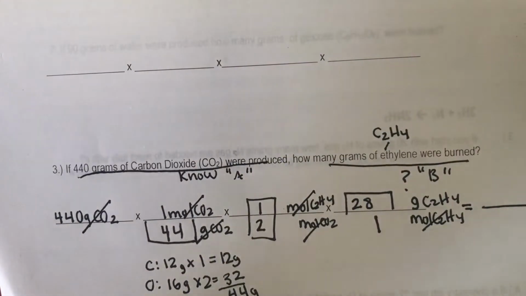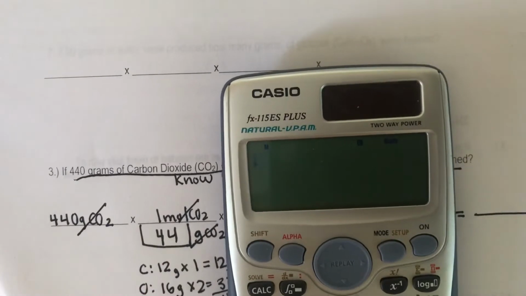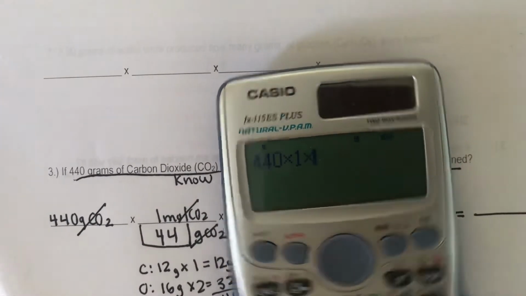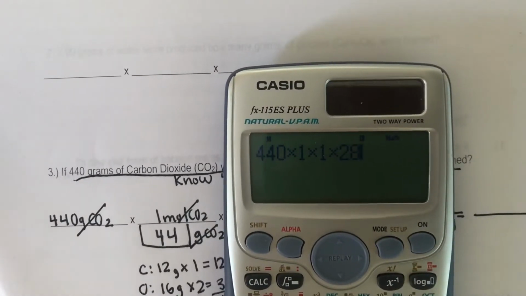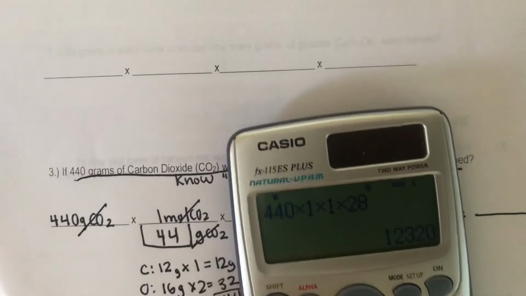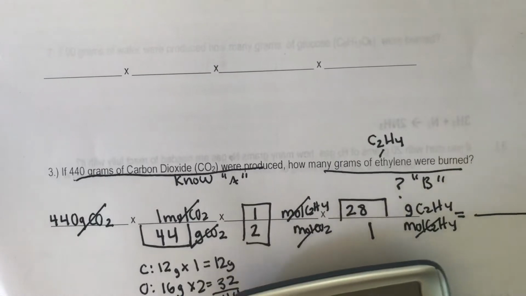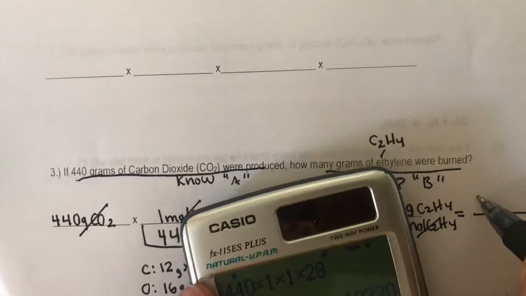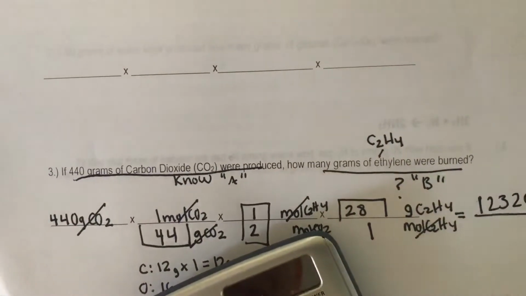So I'm going to put everything on my calculator. Here's my trusty calculator. 440 times 1 times 1 times 28. So that was everything that was in my numerator. So we have 12,320.